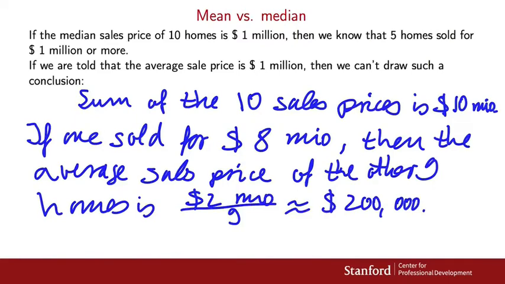So if we think that the average sales price of $1 million means that most houses sold for roughly $1 million, then we are very wrong in this case. So the lesson here is that if the histogram is very skewed, as is the case for incomes and house prices, then knowing the average doesn't really tell you much. It's much better to use the median in those cases.